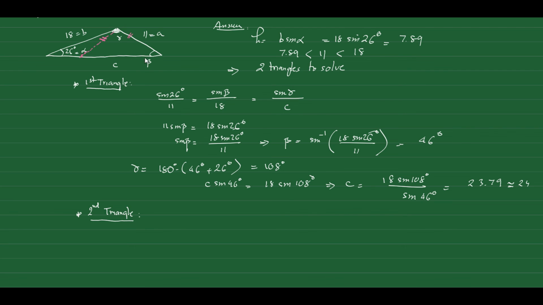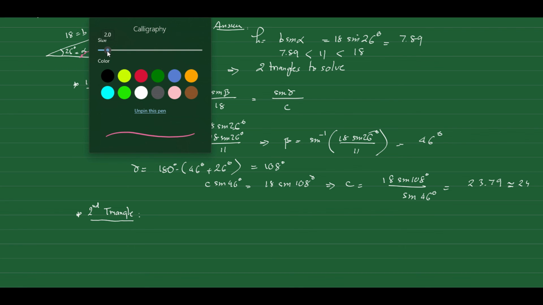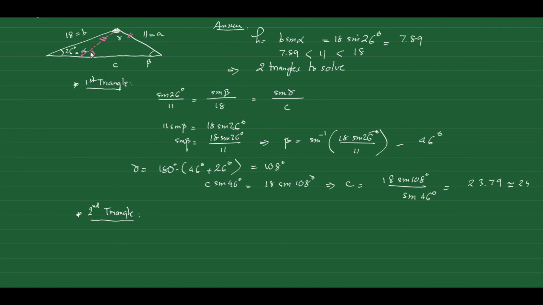So if you draw isosceles, this angle right here is also angle beta, right? This is also angle beta. Okay, because it's isosceles, the base angles are the same.